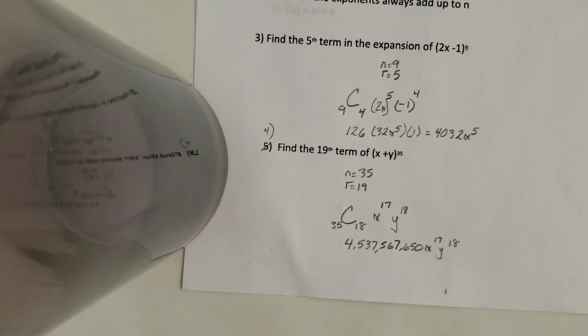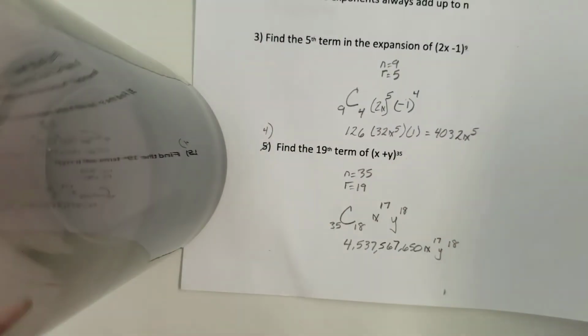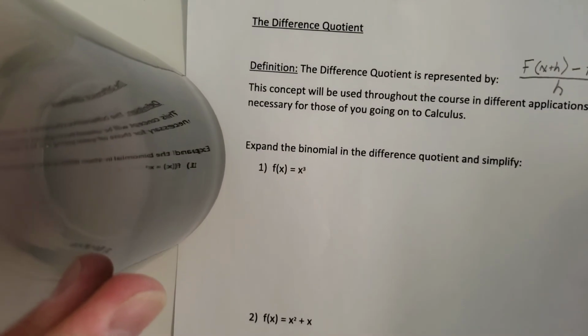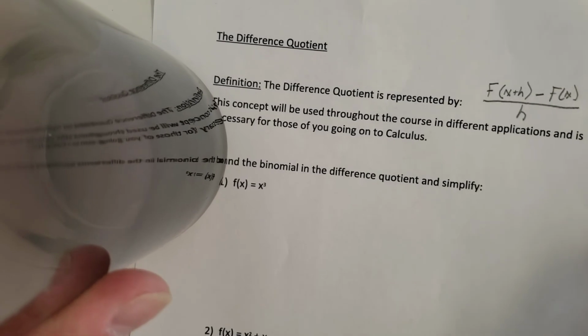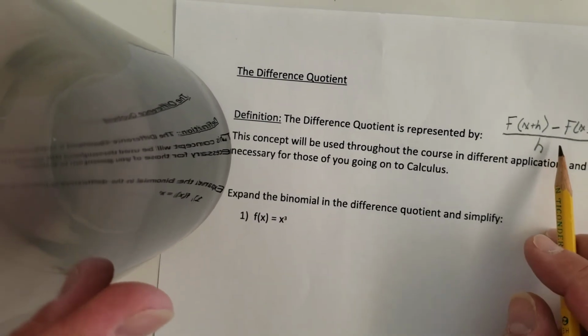I'm sure I'll be looking to do more of these in class as examples if you need them. One more topic for this video. We're going to talk about the difference quotient. Now, the difference quotient is something you need. We introduce it here. The definition, it's just a formula.